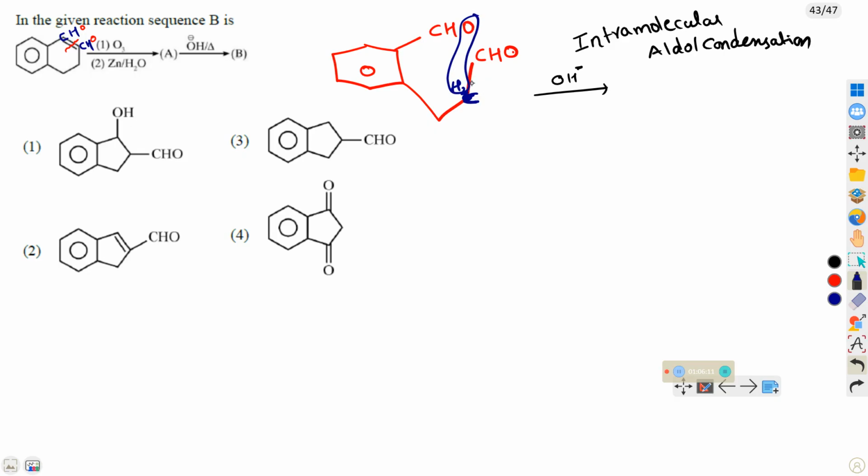Then double bond is formed between these two carbons. Then the product is C double bond CH. Second option.